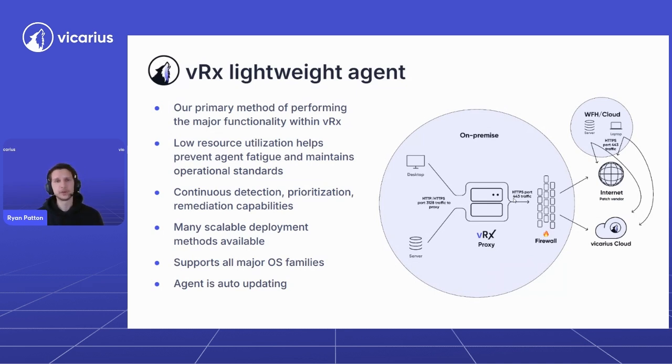The other benefit to the proxy is the network bandwidth. Downloading patches does take network bandwidth, and we're pulling that from the vendor repository in a lot of cases. So pulling that to each and every machine at maybe the exact same time is a lot of load on the network. Now, you should probably do that during maintenance windows, but let's say for laptops, you want to push those out during the day because that's when the users are online.